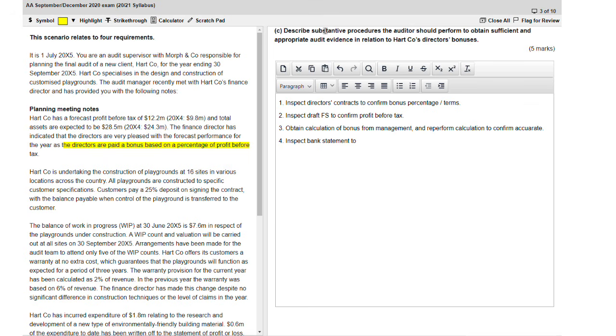That's a word I'd never abbreviate, because if you put BS, they'll think you mean balance sheet probably. Inspect bank statement to confirm amount paid. I guess that's after the year end.